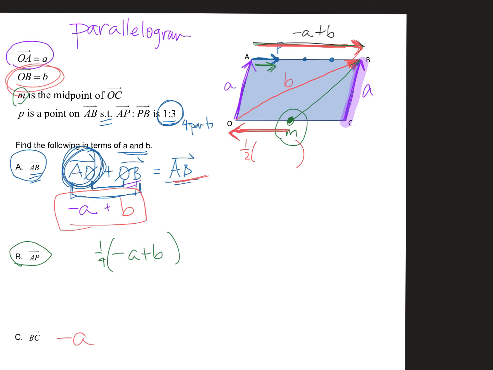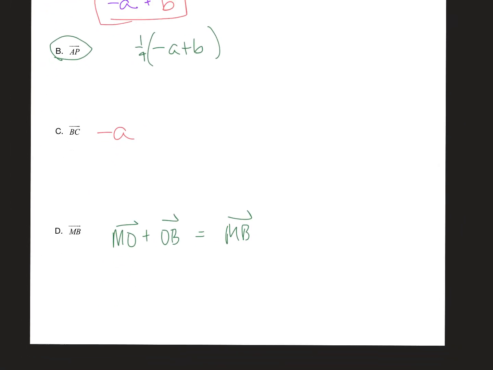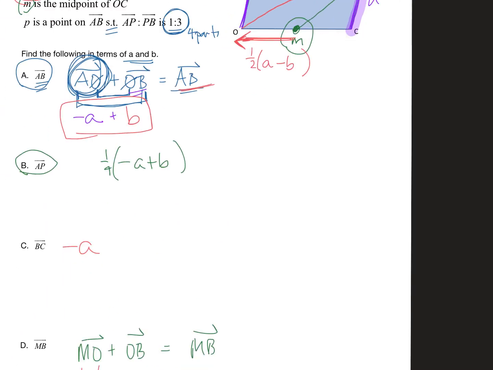I've already taken care of the half part of it, so the opposite is going to be A minus B. That's what MO is. So let me scoot that up and write that down. Sorry, here we go. So this is going to be half of A minus B.